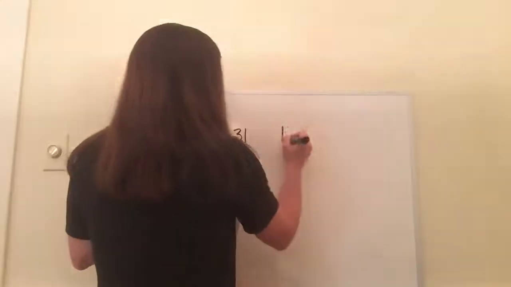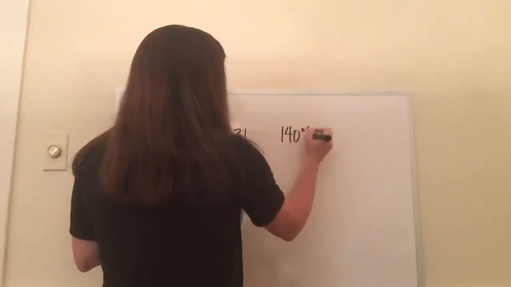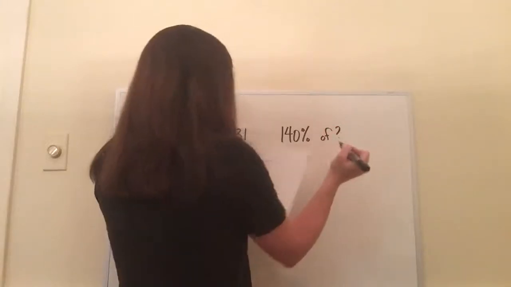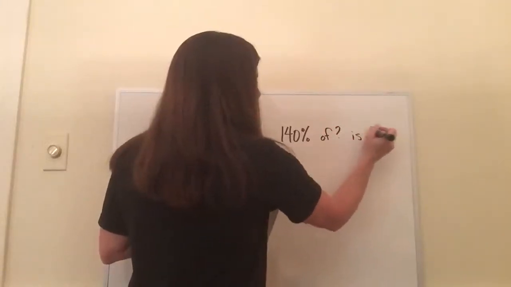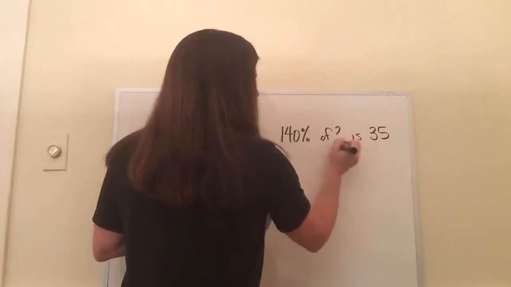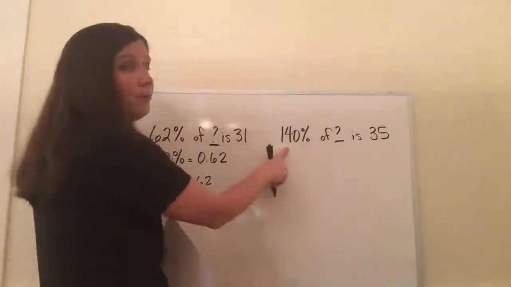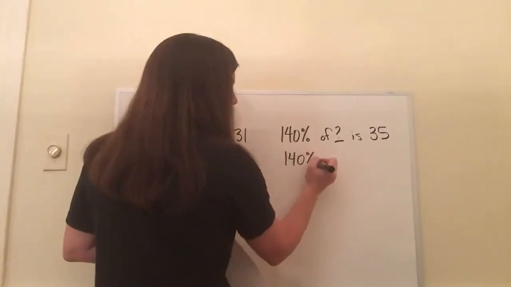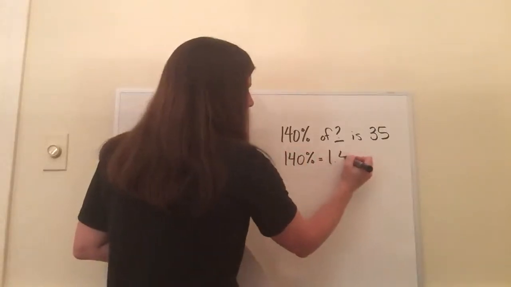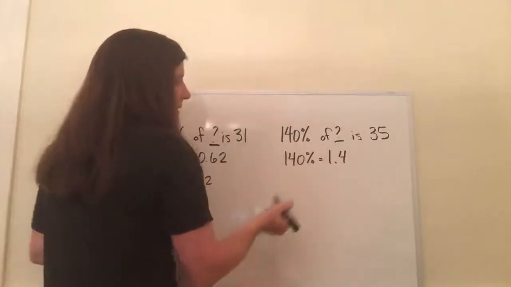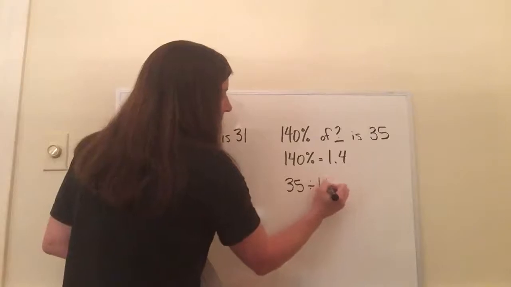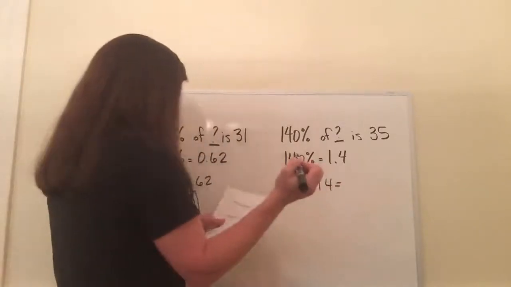Okay, the next one. 140% of what number is 35? So 140%. When I say 140 divided by 100, I get 1.4. So I'm going to say 35 divided by 1.4.